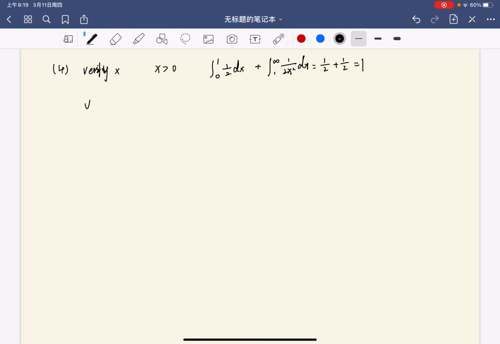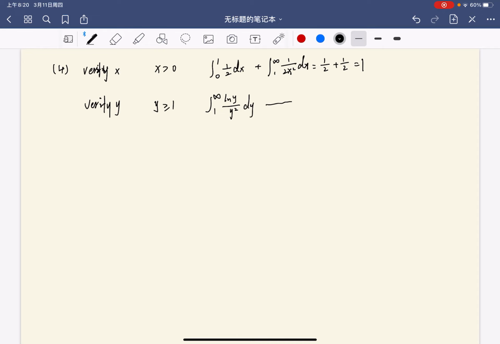Verify for y, we can find that the non-zero definition domain for f(y) is y greater or equal to 1. So we can write the integral of ln y divided by y to the power of 2 dy.